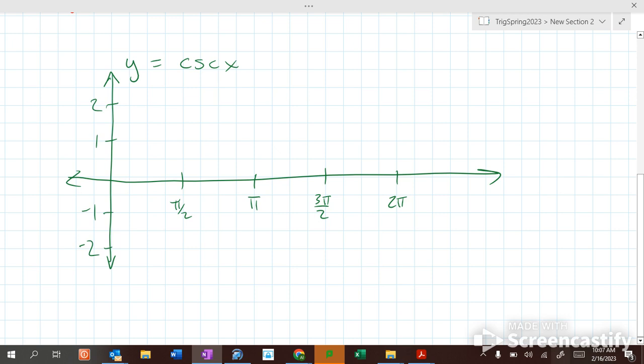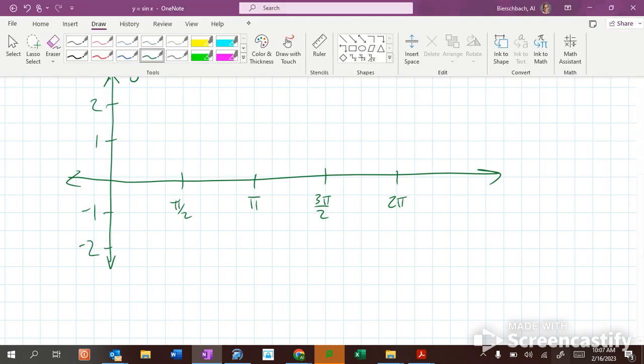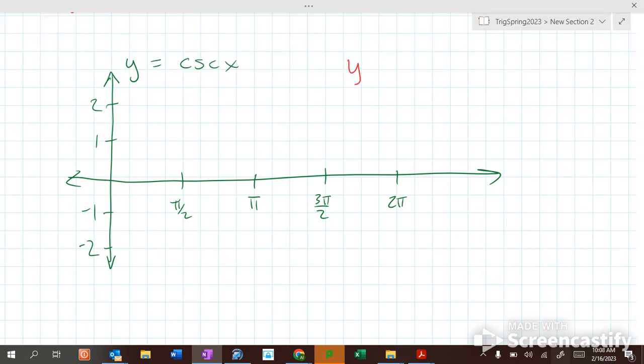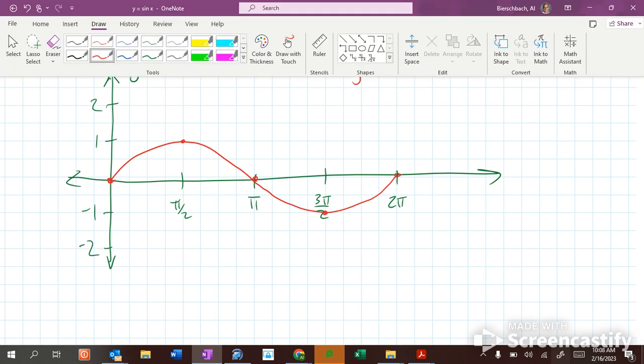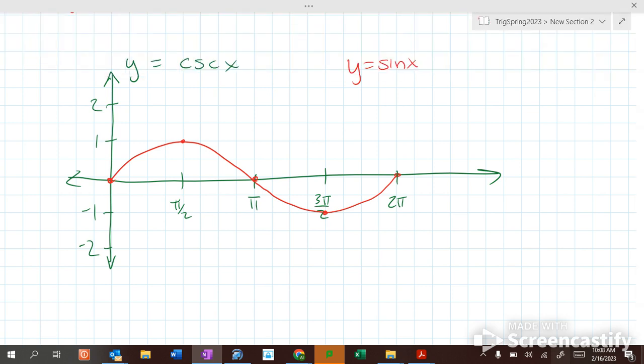All right. So, the sine curve, and I want the sine curve graphed when you do this. 0, 1, 0, -1, 0. Okay? Then, you're going to put asymptotes where the curve hits the x-axis.